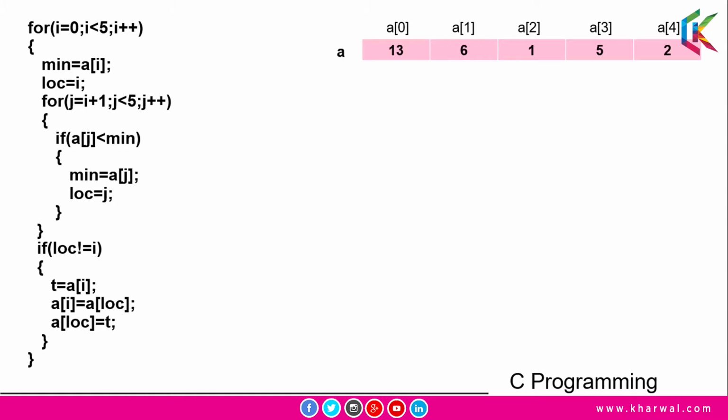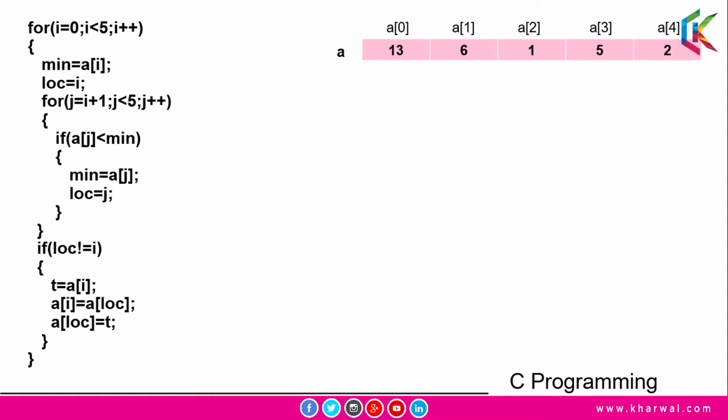So the value of minimum is 13 because the value at A[0] is 13, and we got this minimum value at location A[0], so the value of LOC is 0. Now in the for loop of j, the value of j is i plus 1, so the value of j will be 1, and it will check this condition. 1 less than 5 is true.